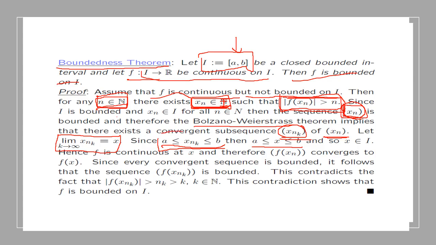Since each xnk satisfies this inequality, you just look at the constant sequence an, where each an is equal to a, and the constant sequence bn, where each bn is equal to b.